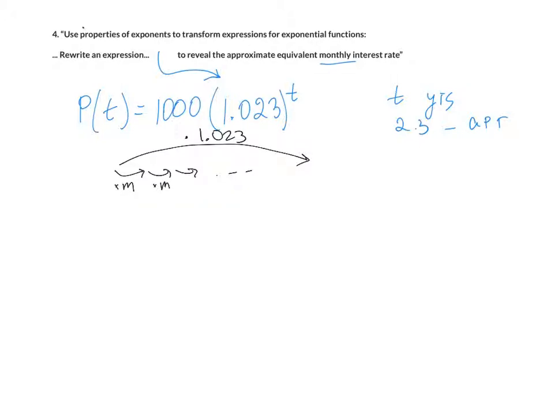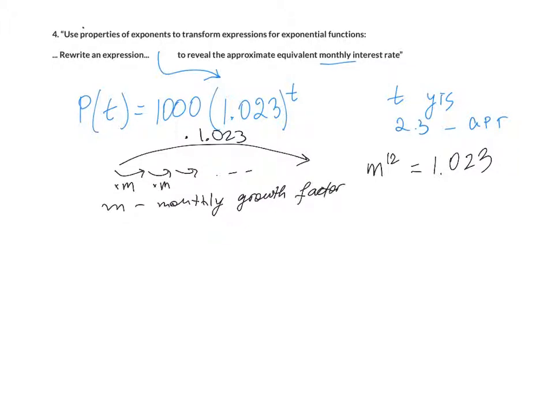In other words, if every month we multiply by m, by m, by m, 12 times, what would that number be? That would result in exactly 1.023. Let me write this down. So m is a monthly growth factor.